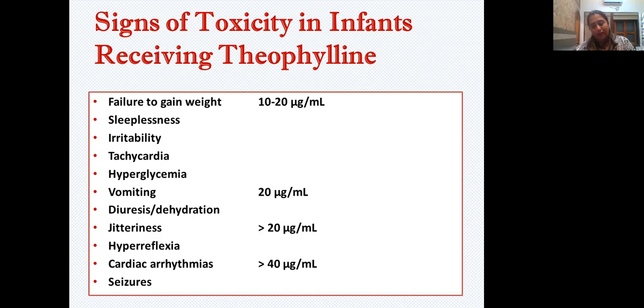Then, if the baby has apnea in spite of caffeine therapy, a 10 mg second loading dose is given, followed by a maintenance dose increased by 20% of the previous dose.